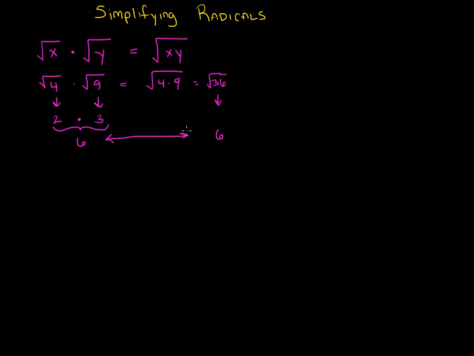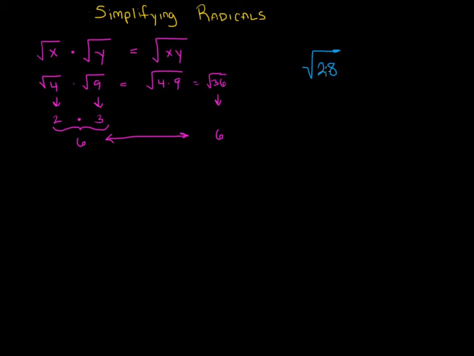Now, that property is going to help us simplify radicals. So what do I mean by that? Well, we don't always get nice, pretty numbers like the square root of 36, the square root of a perfect square. Sometimes we'll have to do the square root of, let's say, 28. That's not one of our perfect squares, and we want to break this up into different factors to make this look a little bit easier, like we're shortening up the numbers a little bit.